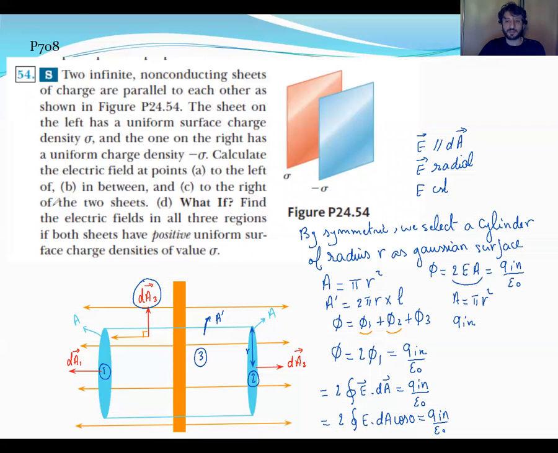And Qn is the charge inside the Gaussian surface. You see here, inside the Gaussian surface we have this part of the plane.